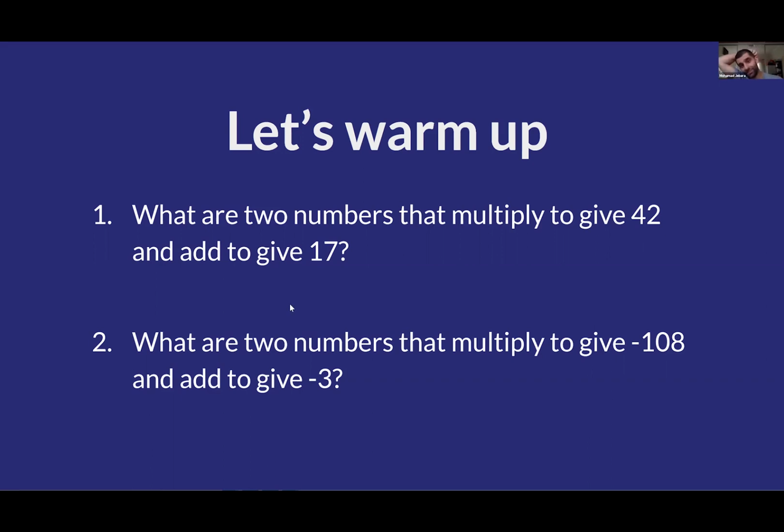And yes, the vast majority were right, 9 and -12. We had a small number that said 12 and -9. So you had the right numbers that multiplied to give -108. But when you add those numbers, the 12 is the higher number and that's positive. So you're going to get +3. Okay, so these are the kinds of things that you're going to be thinking about when we start talking about factorizing trinomials, which hopefully you're all familiar with.